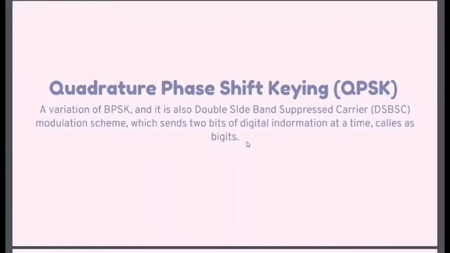Next is quadrature phase shift keying, a phase shifting technique in which the sine wave carrier takes four phase reversals such as 0 degree, 90 degree, 180 degree, and 270 degrees. If this kind of technique is further extended, PSK can be done by 8 or 16 values, depending upon the requirement.